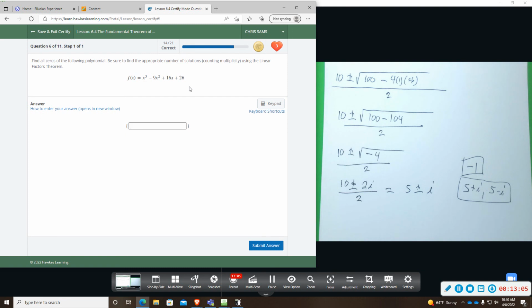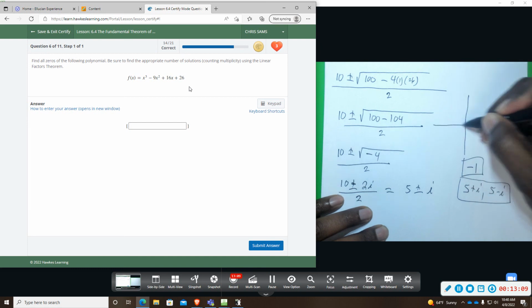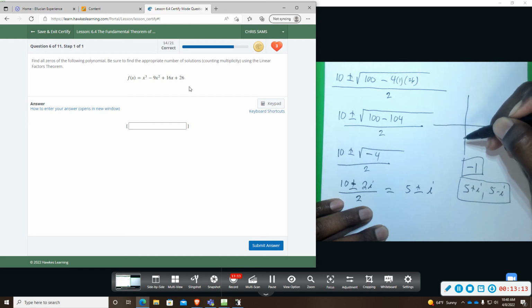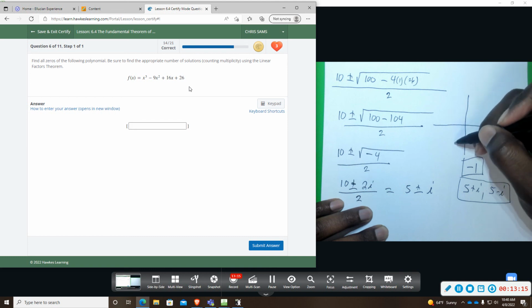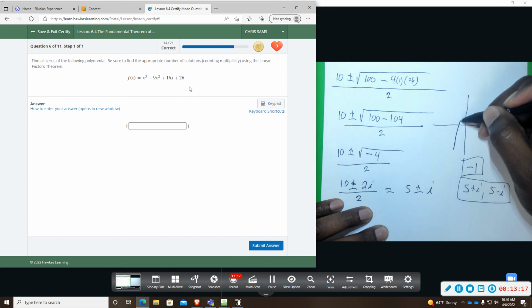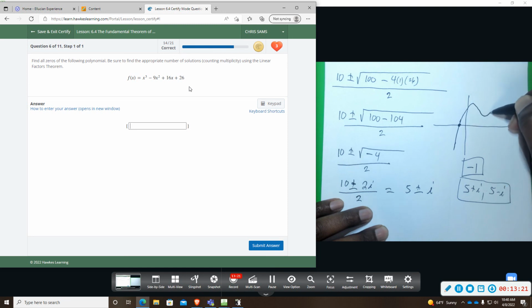So if you were to graph this, what you would see is that it was odd and positive. So this graph should be coming up from the bottom, crossing at -1, and probably like turn around in space and then goes back up. So it doesn't actually cross the line again, since we got those two imaginary terms.